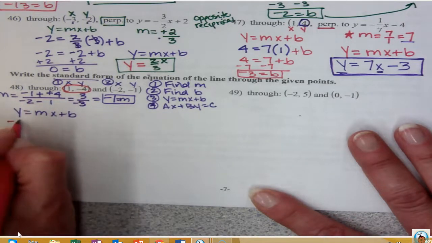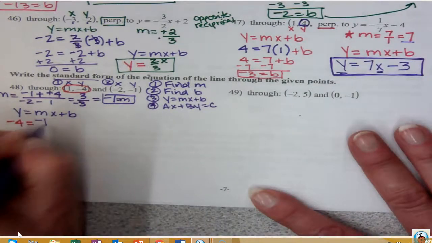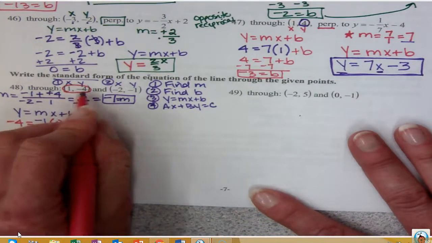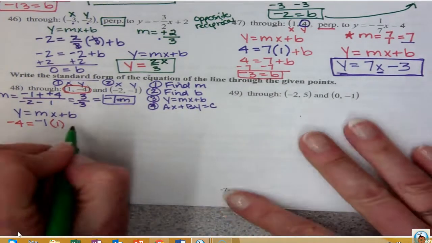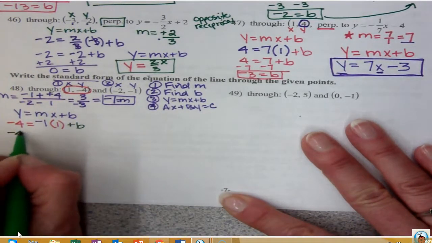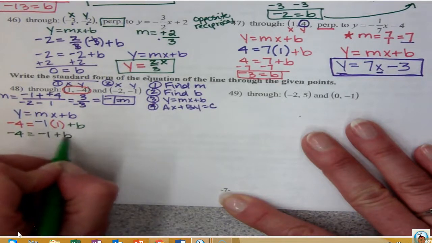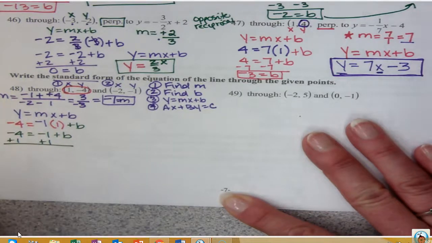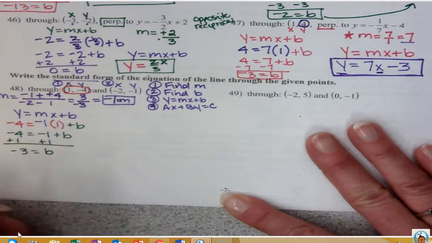So negative 4 equals, if negative 1 is my slope, 1 is my x, according to this, and I need to find my b. So negative 4 equals negative 1 times positive 1 is negative 1 plus b. I'm going to add 1 to both sides to get rid of that. I get negative 3 equals b. So, okay, that's done.